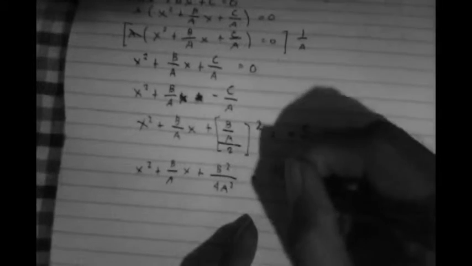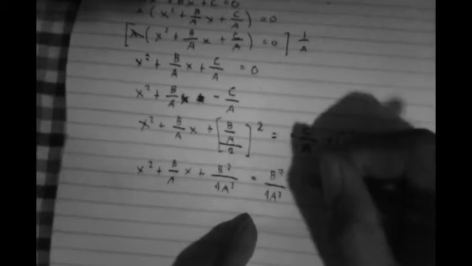Next, simplify. x squared plus b over a x plus, simplified, b squared all over 4a squared. Same arrangement: we put first the positive term with the bigger degree, so b squared over 4a squared minus c over a.